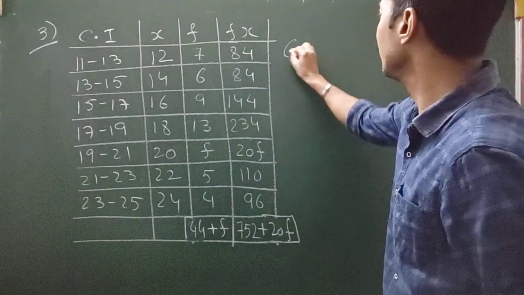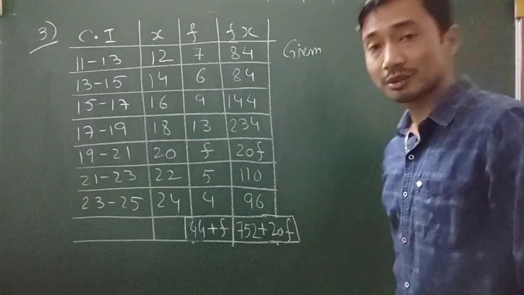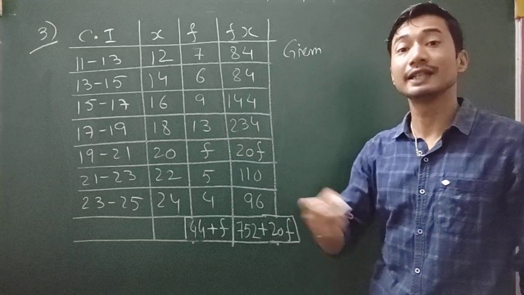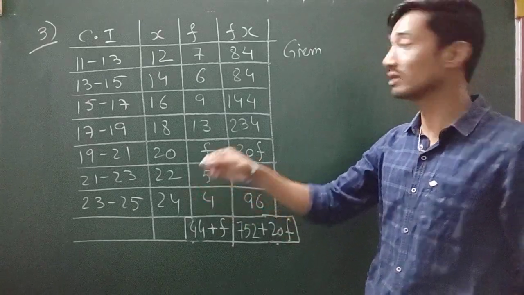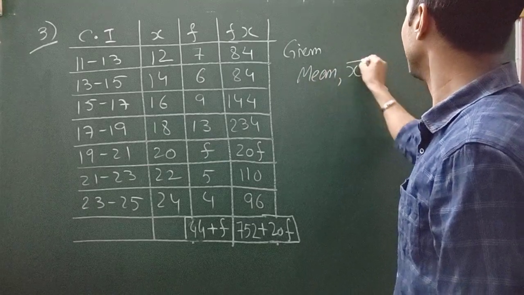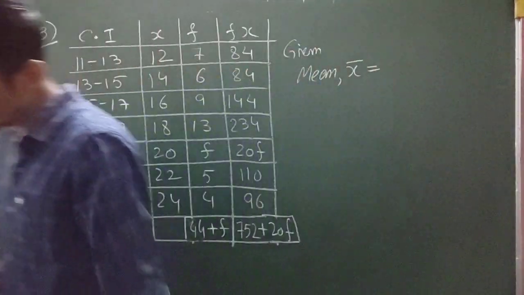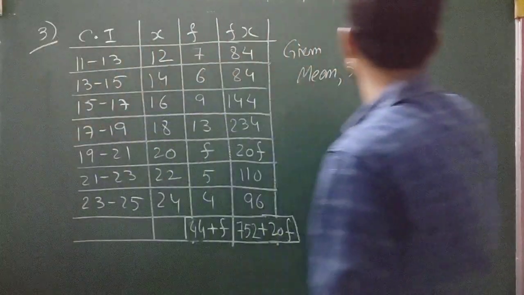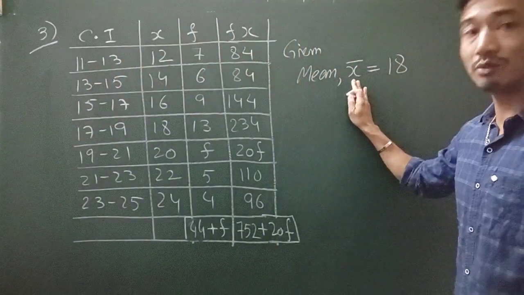Now, given, what are we supposed to calculate here? Not the mean. F, the missing frequency. Mean is already given, x bar is given. How much was that mean given to us? 18. Now how did we calculate the mean? What was the formula?